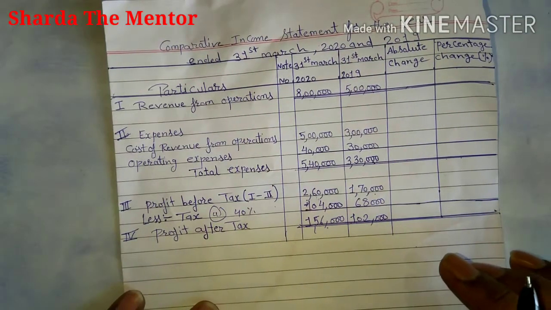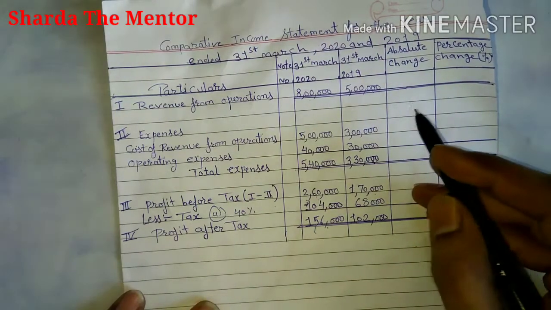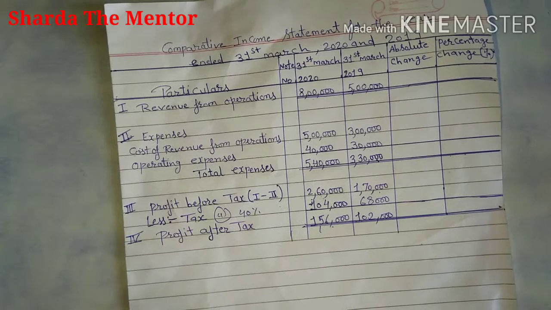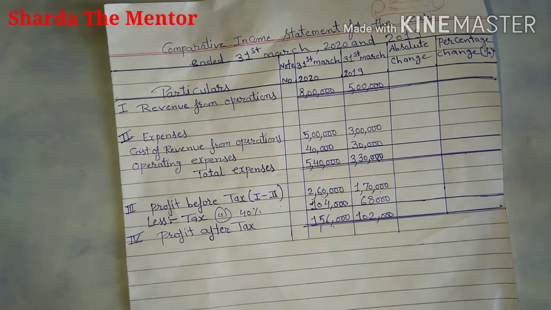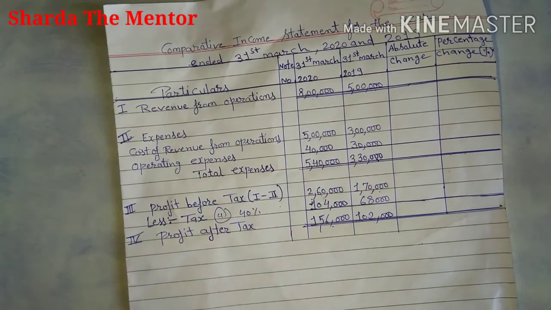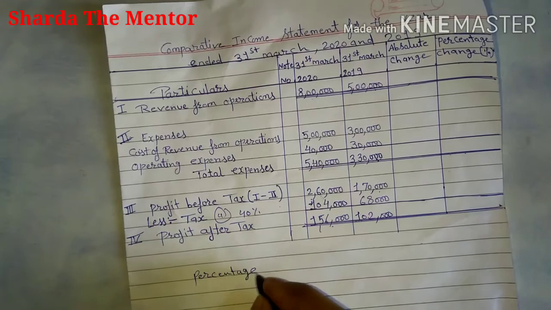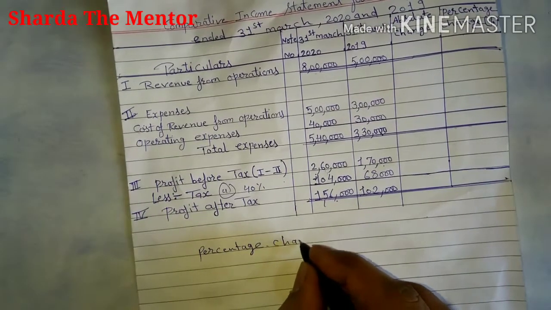Now you have to prepare the comparative statement. In the same way that we already used in the comparative balance sheet, one formula that we generally use is percentage change.